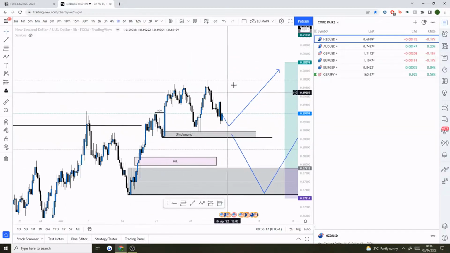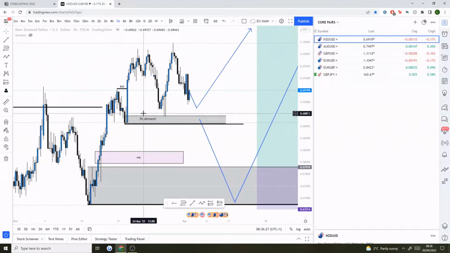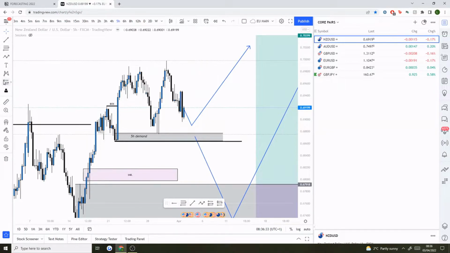That's why I've got that marked on, because whilst I would like to see it come down here and fill what looks like imbalance on the daily, on the 5-hour, that might not be what happens, and what may happen is we just continue away from this low here. So for me on NU, I'm also interested in buys away from this.